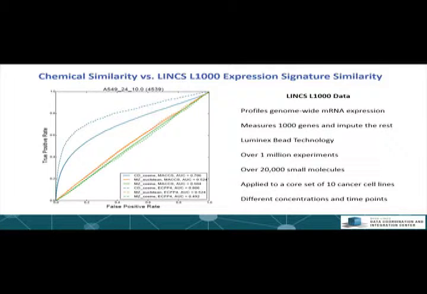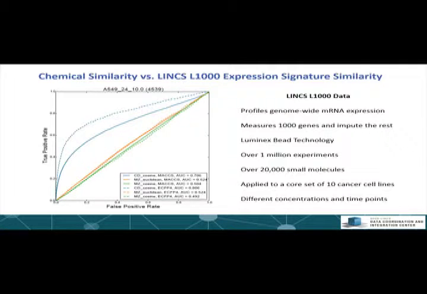So just to remind you, the L1000 is a method to profile genome-wide gene expression. It's developed at the Broad Institute, and the experiments are carried out by the Connectivity Map Group, which is part of one of the LINCS data generation centers.